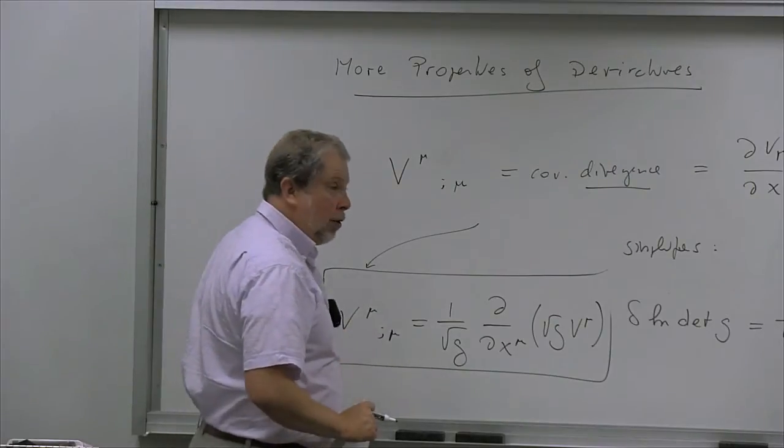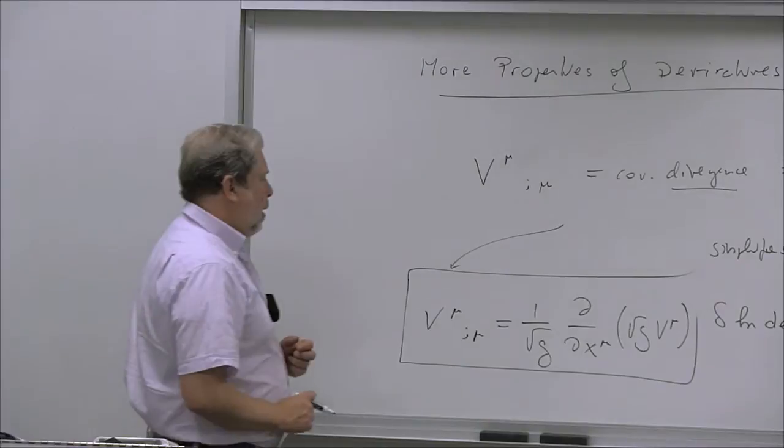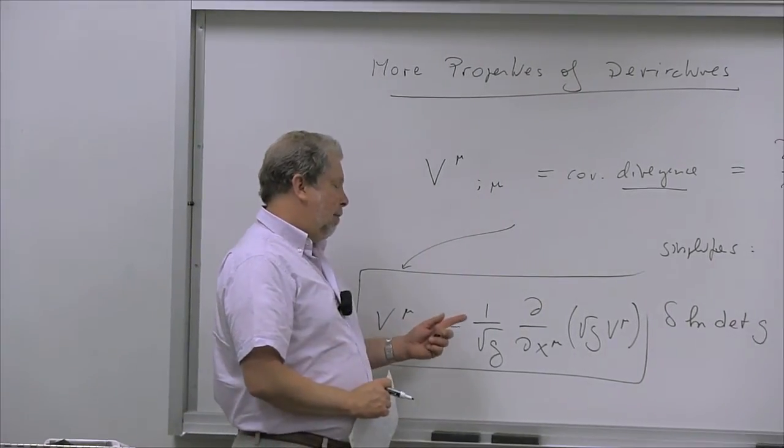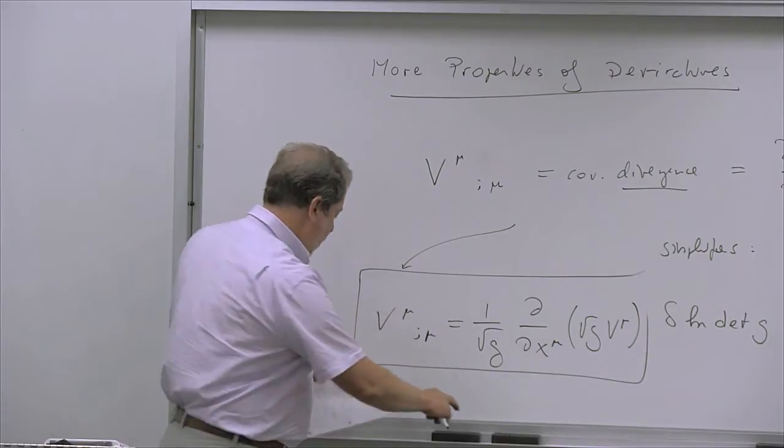So you can write it in terms of something that is actually a little bit simpler than just taking covariant divergences, which normally involve the gamma symbol, but in this case you can do without it.